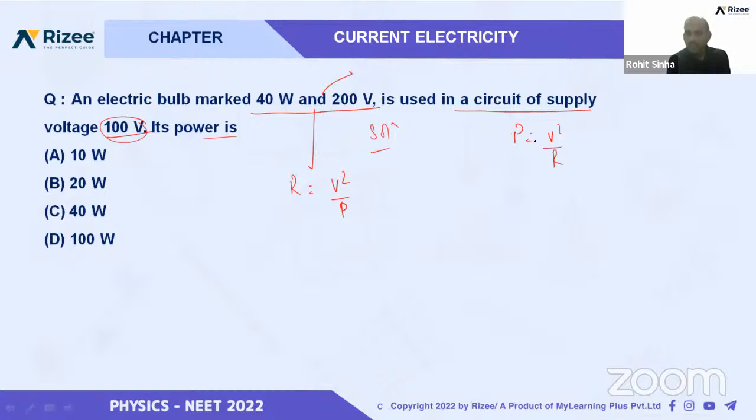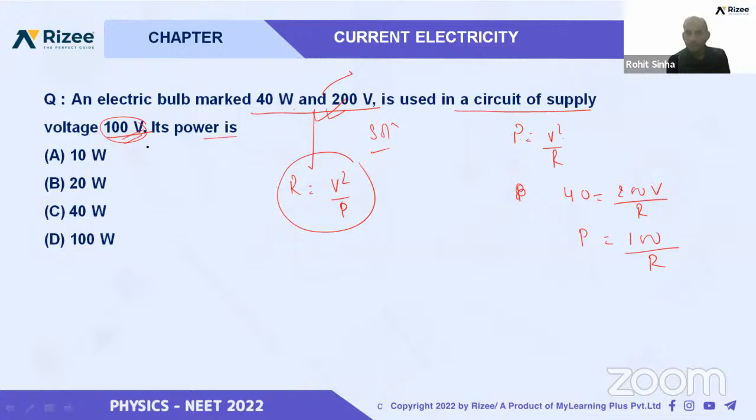Since it is only telling about power and voltage, we can say for the first case, power P1 is 40 watt, equal to voltage 200 volt squared by R. In the second case, the power we have to find is equal to the given voltage, 100 volt squared, by the resistance. The resistance will be the same, because it is decided during manufacturing and the same device is used at this voltage.